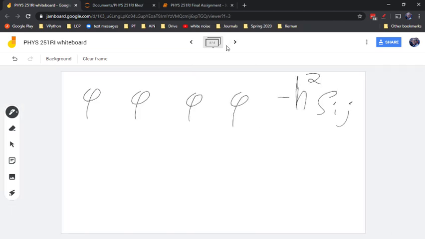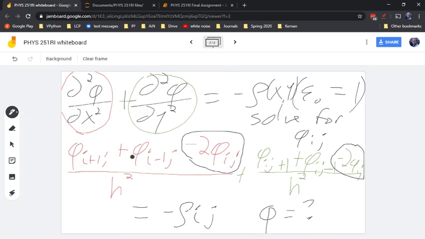So I'm going to have a phi i plus 1 j, a phi i minus 1 j, a phi ij minus 1, a phi ij plus 1. I flipped the order there, but it doesn't matter because I'm just subtracting all of them, right? So I'm taking negative this one minus this one minus this one minus this one minus this thing, right? Because I've taken all of these things that aren't circled and swept them over to the other side.